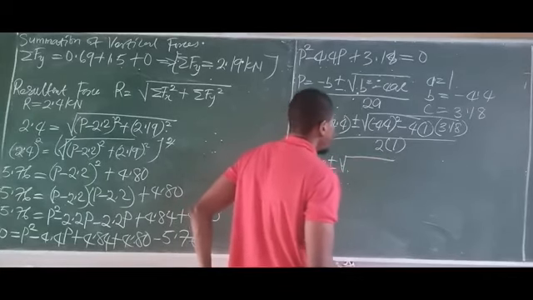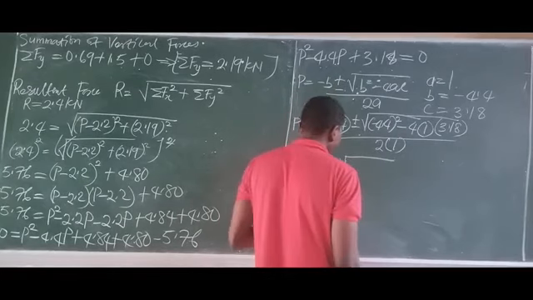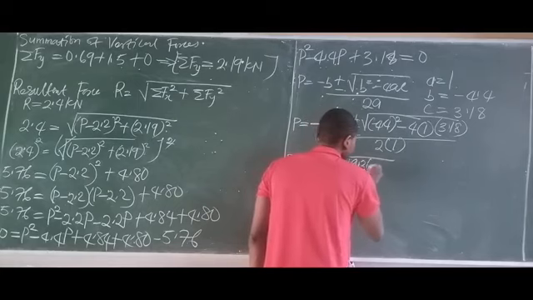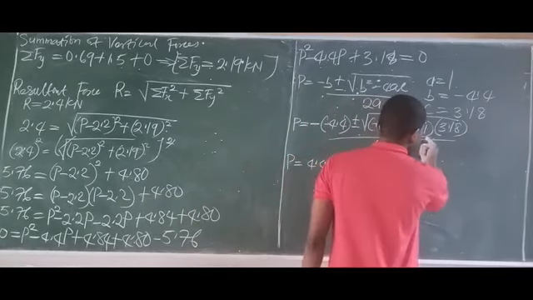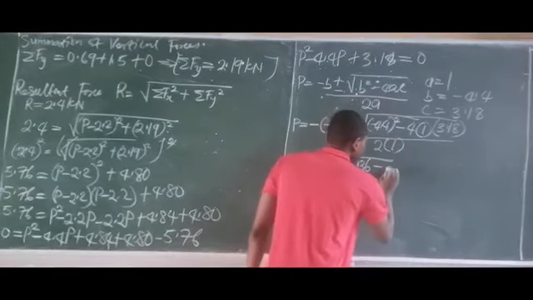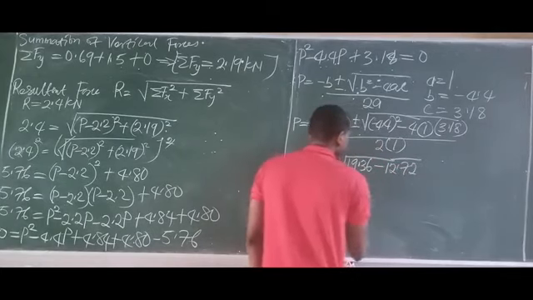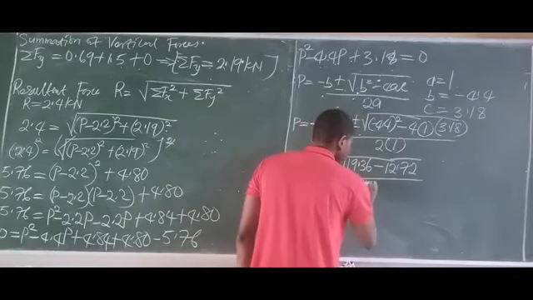Now let's evaluate 4.4 all squared. That gives us 19.36, minus 4 times 1 times 3.18, which is 12.72, all over 2 times 1, which remains 2.